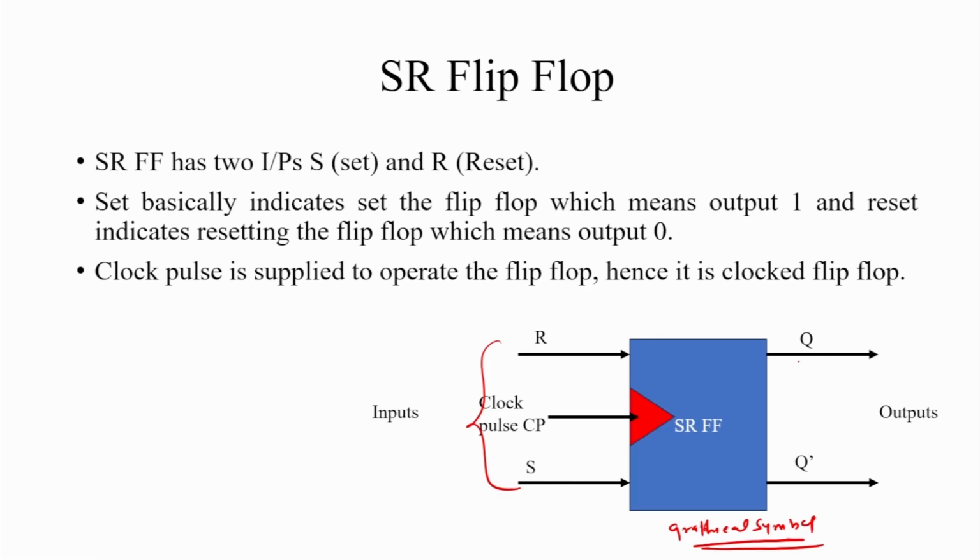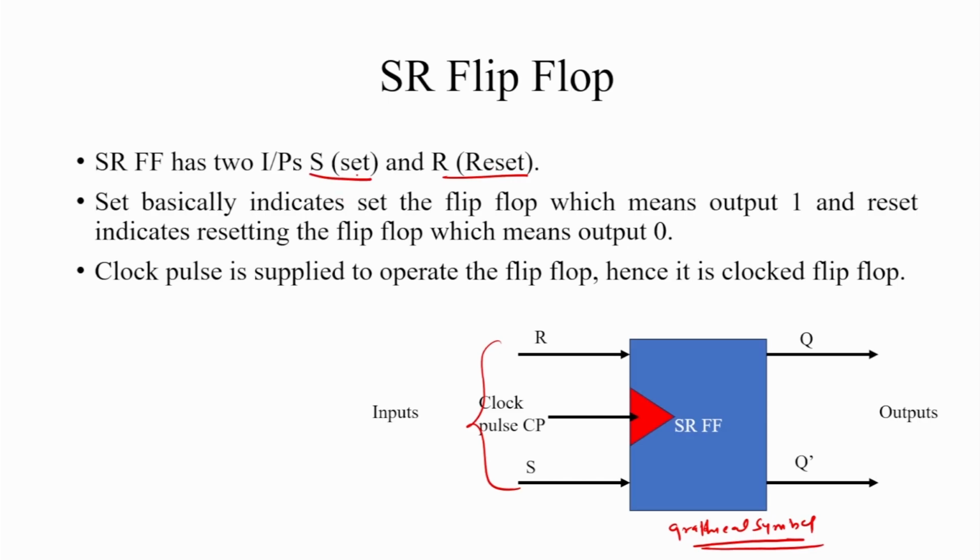When output Q is taken against input R, the flip flop is designed from 2 cross coupled NOR gates, and when Q is taken corresponding to S, the flip flop is designed using 2 cross coupled NAND gates. The SR flip flop has 2 inputs, known as set and reset.